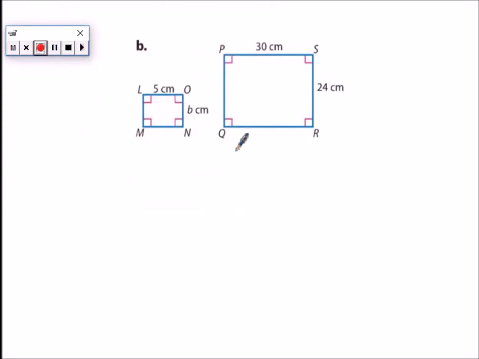Okay, welcome back. So now, again, we try to find corresponding sides. It looks like b is the small one, and b corresponds to 24, and then the other two would be 5, and 5 corresponds to 30. So let's set up the proportion.